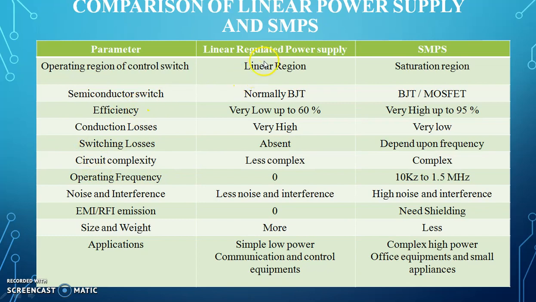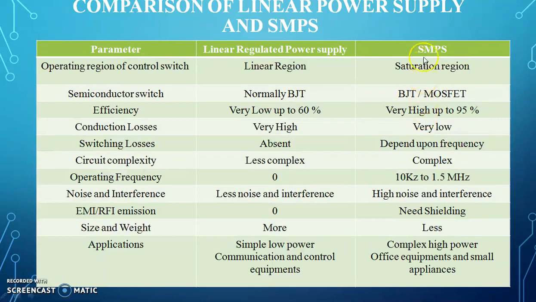We have the comparison of linear power supply and SMPS. Operating region of the switch is the linear region for LRPS and is the saturation region for SMPS. Semiconductors used is normally BJT for LRPS and BJT or MOSFET for SMPS. Efficiency is up to 60% for LRPS and it's very high, up to 95% for SMPS.